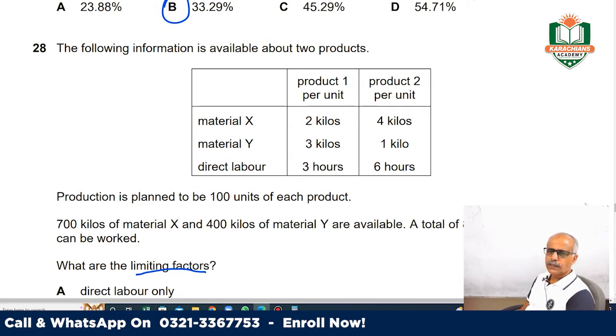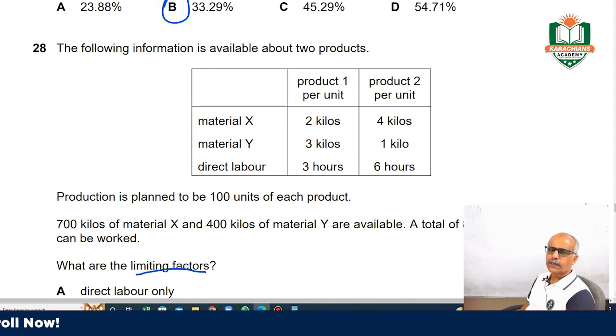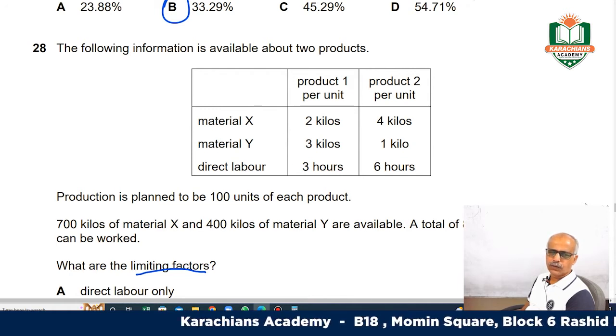Product 2 uses 4 kilos of material X, 1 kilo of material Y, and 6 direct labor hours.